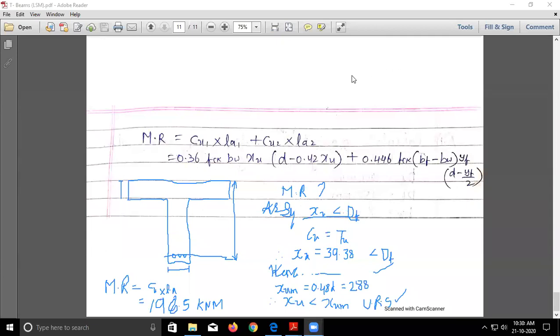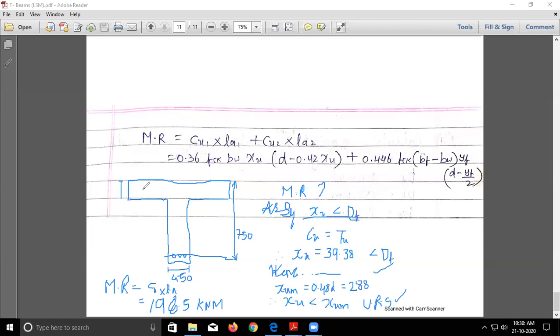The width of the web is 450 mm, and the effective depth is 750.